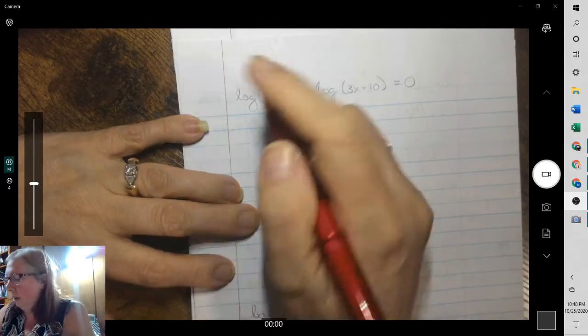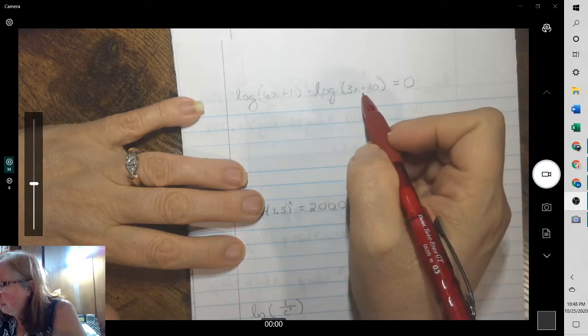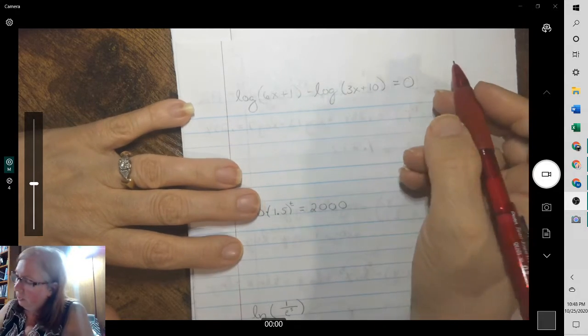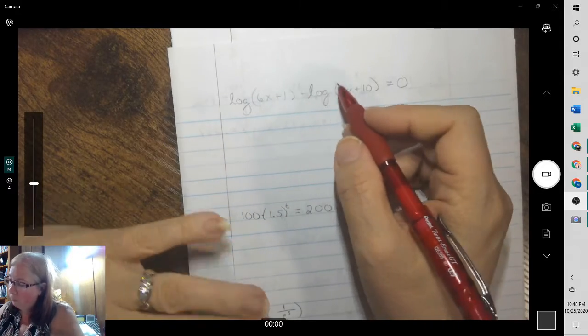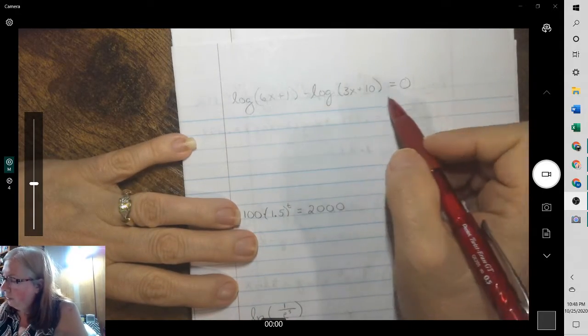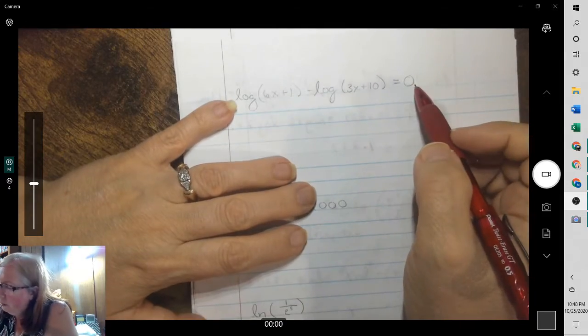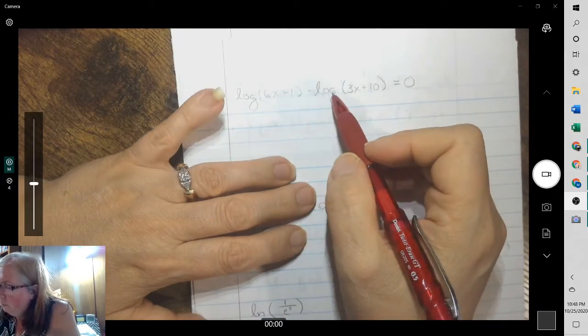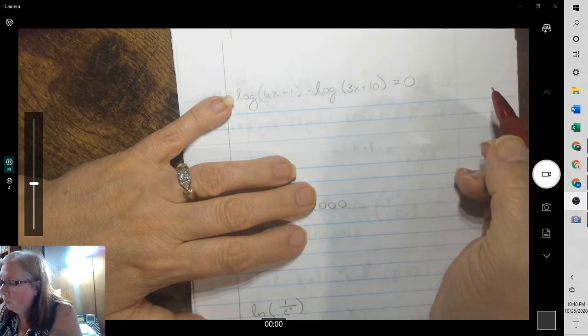Okay, it's the log of 6x plus 1 minus the log of 3x plus 10 equals 0. Now there's two ways you can do this. One, you can combine these two, or you could bring this to the other side, because a log is 1 to 1, and so if the logs have to be equal, what you're taking the log of needs to be equal.